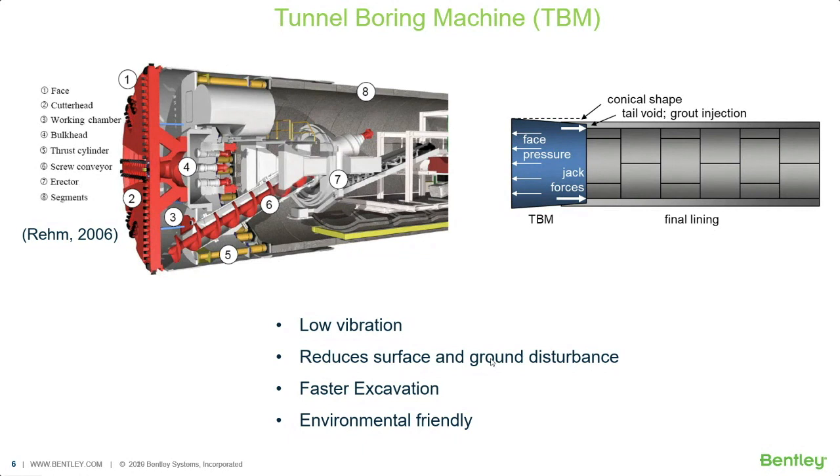The main advantage of the tunnel boring machine is that it produces low vibration and reduces surface and ground disturbance compared to the drill and blast method. It is also a much faster way of excavation, and it doesn't produce any harmful gases or noise pollution, so it's more environmentally friendly.